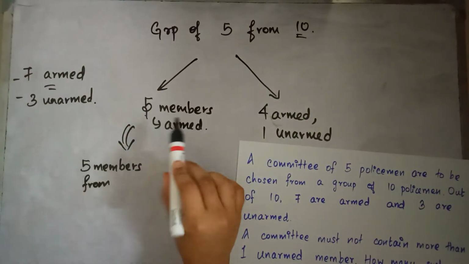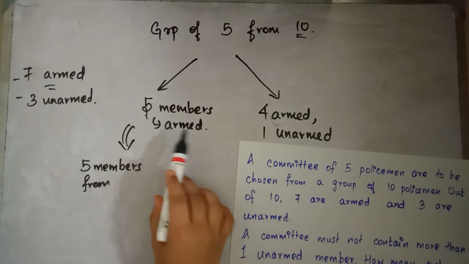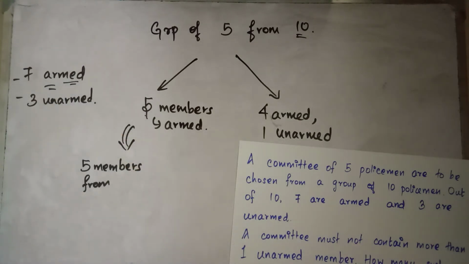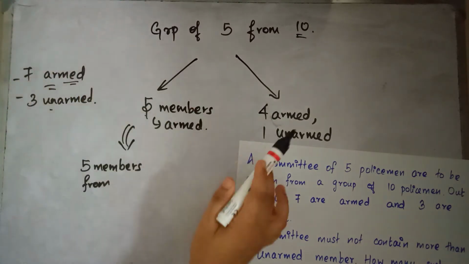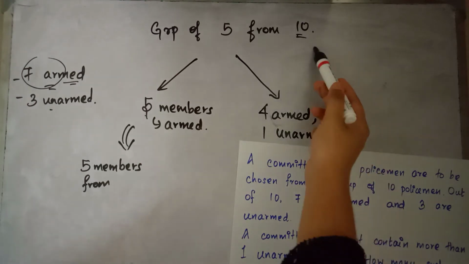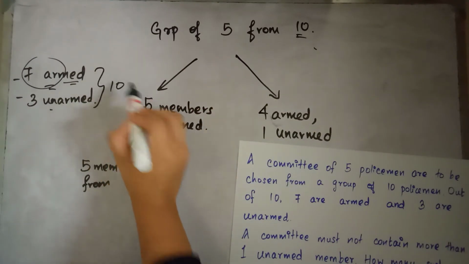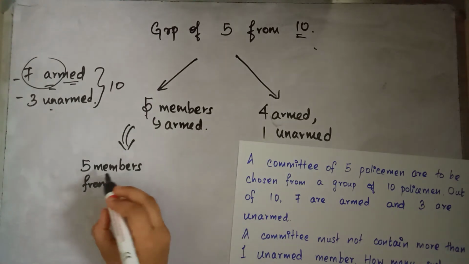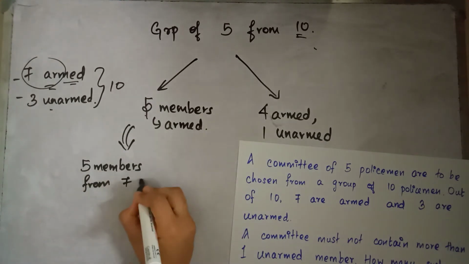Now I want to be sure that all 5 of them are armed members. Then I will choose from these 7 armed members only. I will ask these 3 unarmed to go to one side and I'll choose from these 7 armed members. Because if I choose from all of these 10, I can't be sure that I'll get 5 members who are armed. So I have to choose 5 members from 7 armed members.